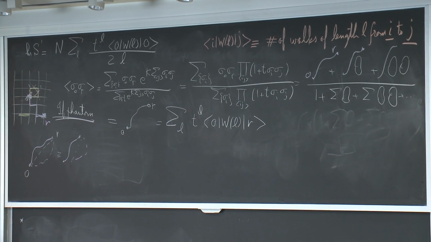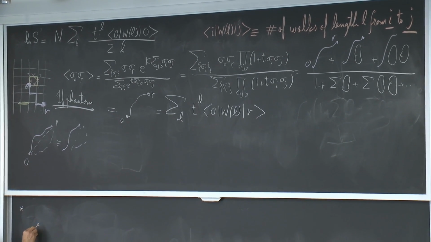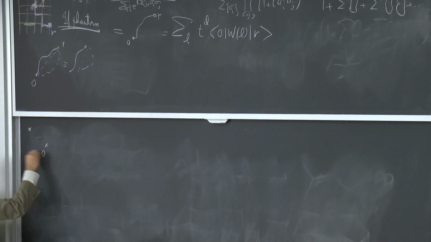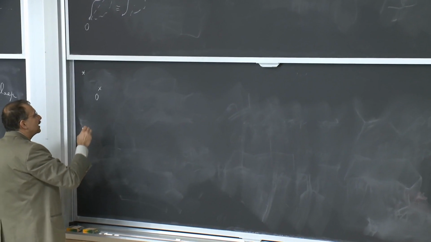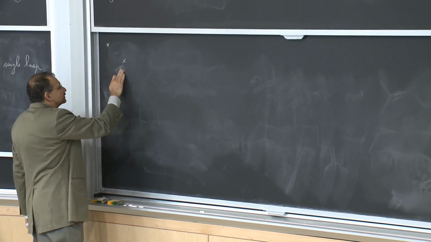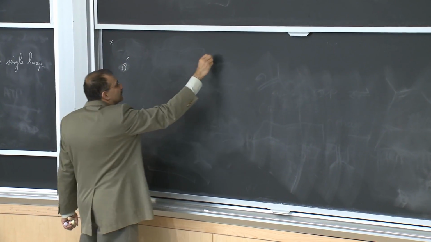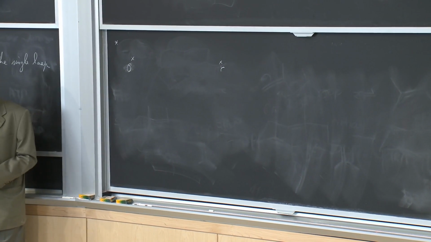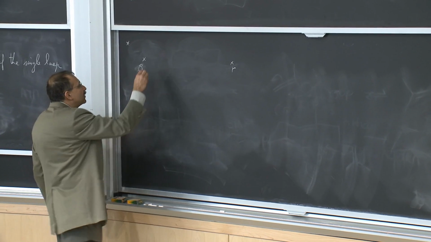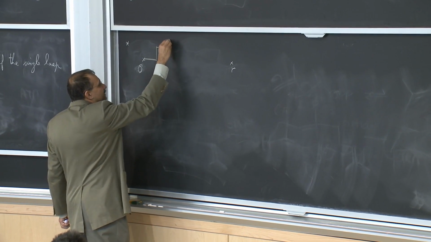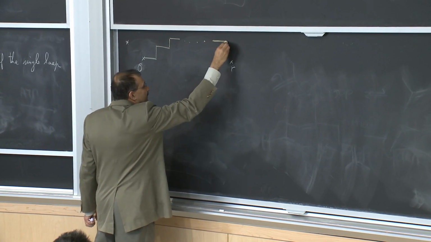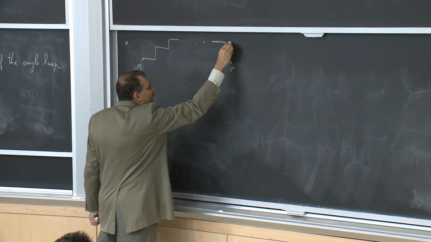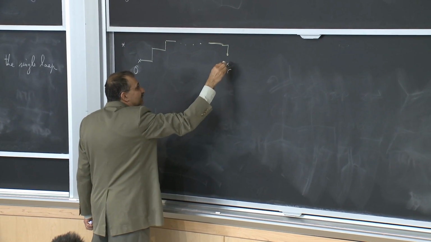Basically, I say that, OK, let's say that I start from 0. Actually, let's do it 0 and R. And let's say that I have looked at all possible paths that have L steps and end up over here.